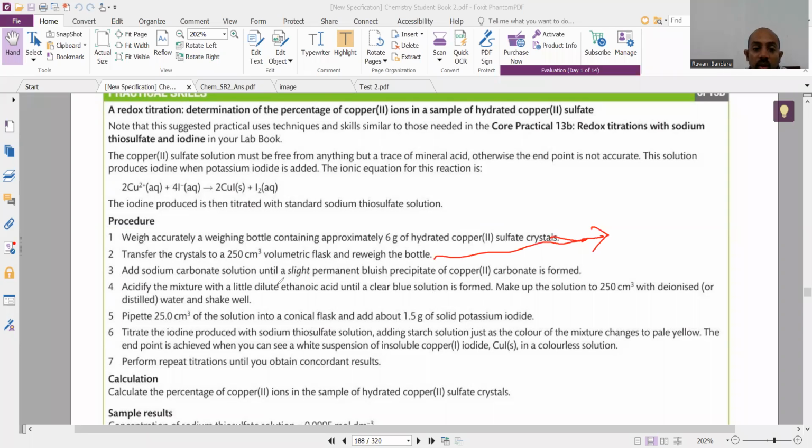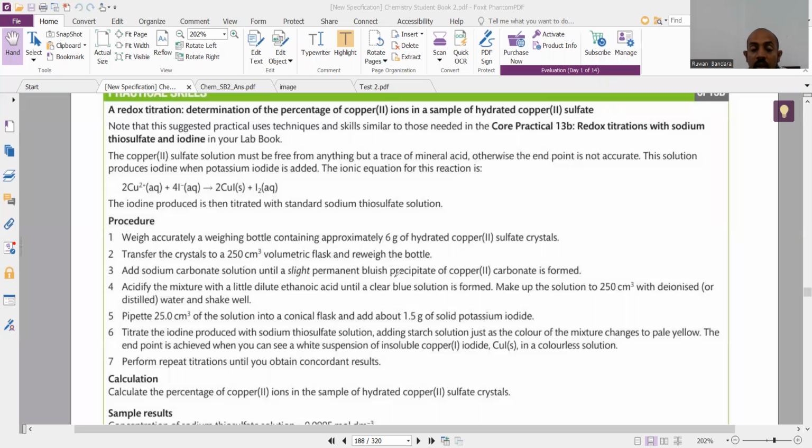And then the sodium carbonate solution, you add until a slight permanent bluish precipitate of copper 2 carbonate forms. And then you add dilute ethanoic acid until you dissolve the carbonate and you have the copper 2 plus only. Then you volume up to the 250 mark, and you only take out 25 cubic centimeters and add solid potassium iodide, 1.5 grams for that 25 cubic centimeters of copper 2 plus.